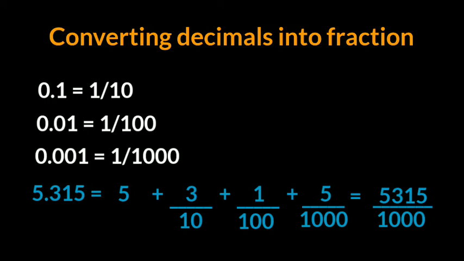Then the second place plus 1 divided by 100, and then plus 5 divided by 1000. When you add this together, you have 5,315 divided by 1,000. Okay, do you understand?